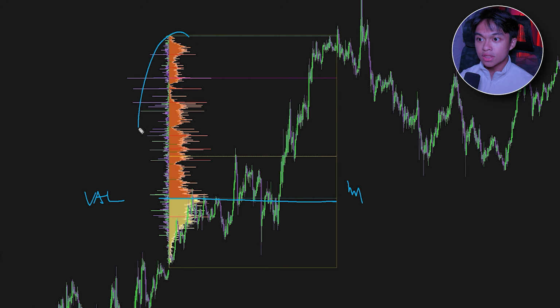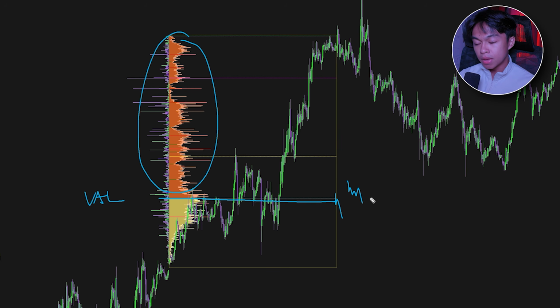So everything inside the value, which is all this dark color of orange, is pretty much where the big institutions accepted what they call quote-unquote fair value, or they pretty much agree that this is a fair price that they're willing to transact. So every time the market goes out of value, that is something they call an anomaly.